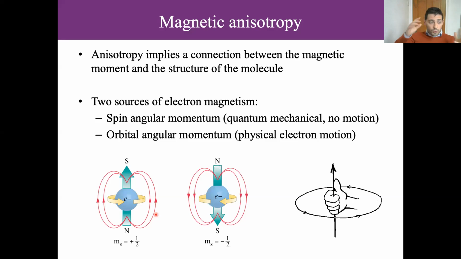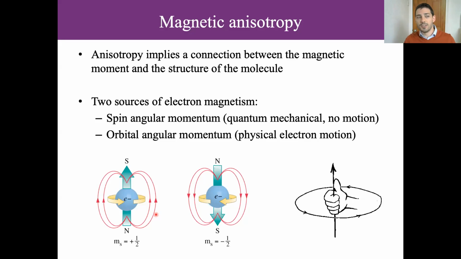And there are two sources of electron magnetism that are of interest here. And so we have the intrinsic spin angular momentum of the electrons, which is a quantum mechanical phenomenon, and the orbital angular momentum. And it's the second one here, the orbital component, which involves motion in physical space. Now, via spin-orbit coupling, yes, the spin also does. We'll get to that later.